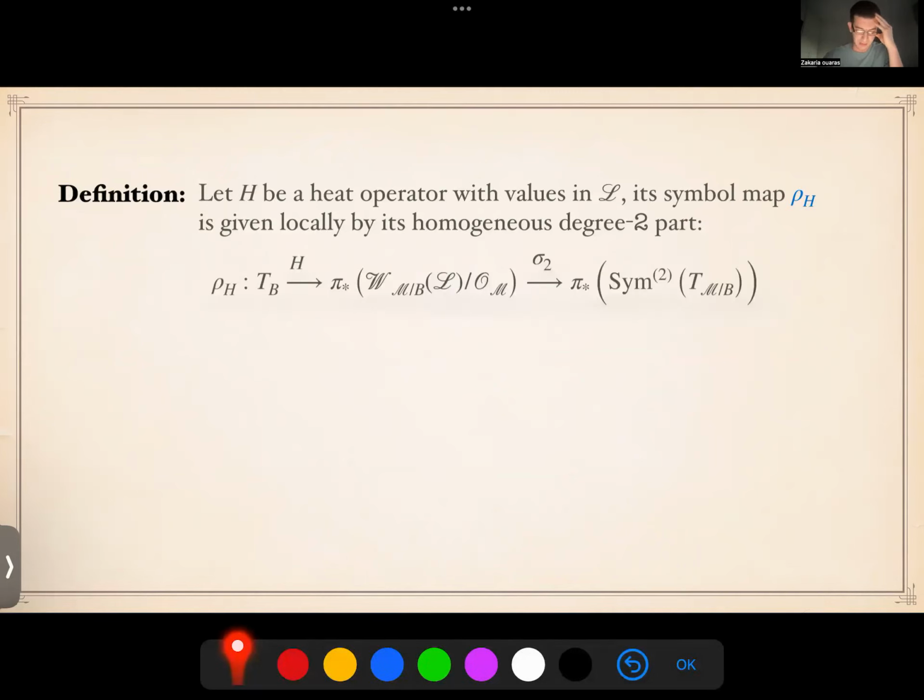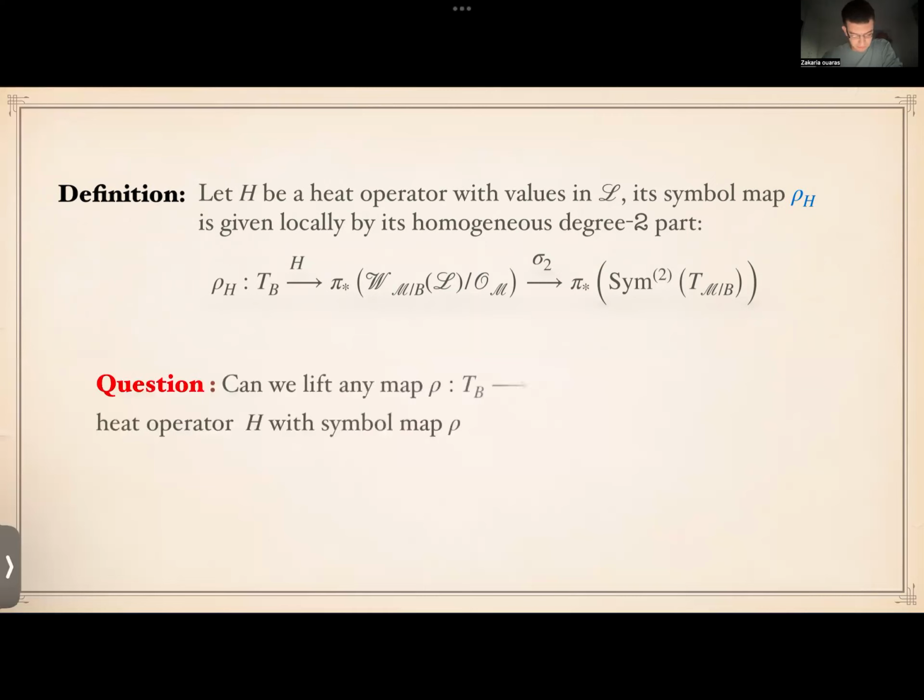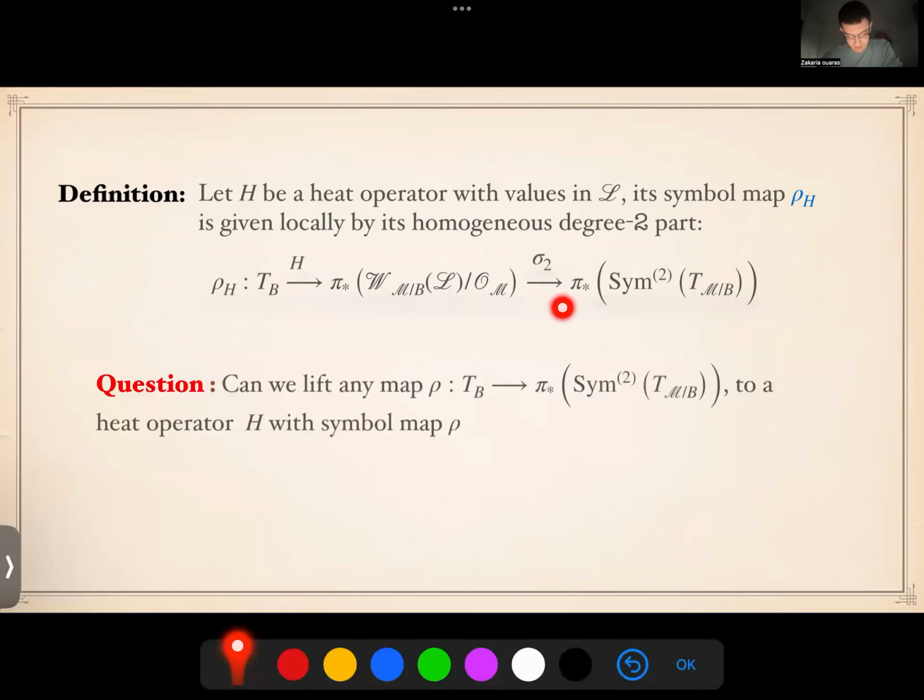Simply, you take the heat operator and you compose it with the second order symbol map. The composition is what we call the symbol map associated to the heat operator. Natural question: can we lift any map like this to a heat operator where the symbol map is exactly the map that we fixed before?